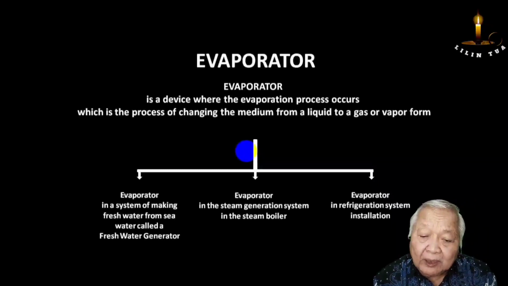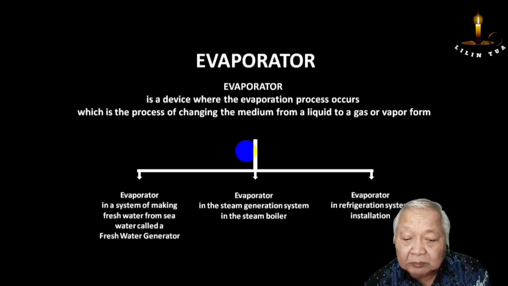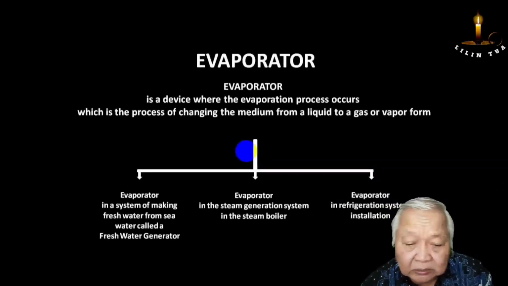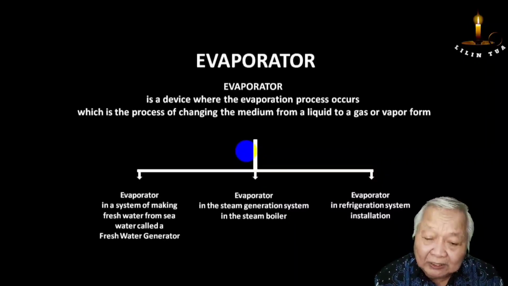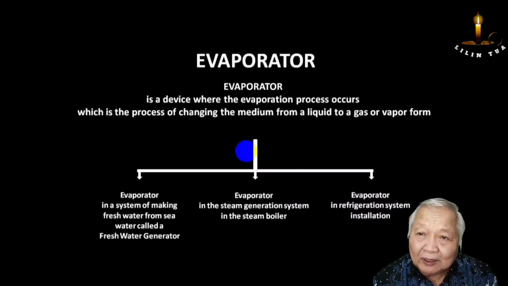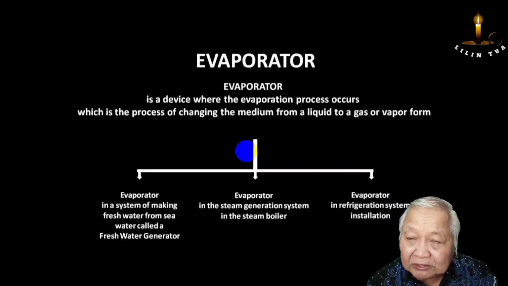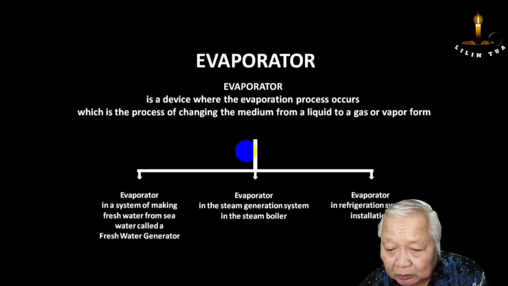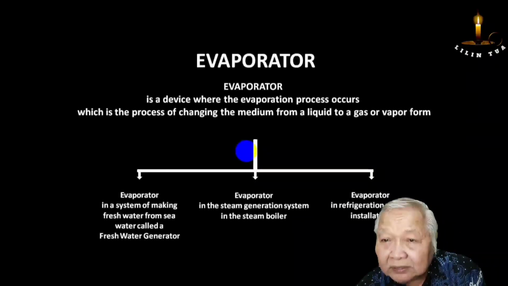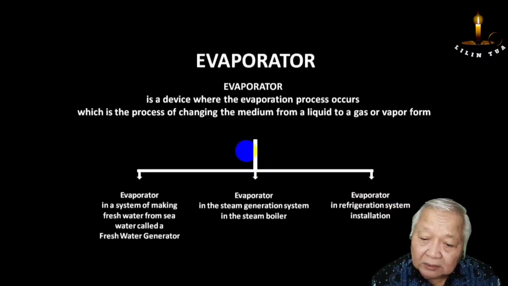We also find the evaporator in the steam generation system in the steam boiler. And last, on board ship, we can also find the evaporator in a refrigeration system installation.